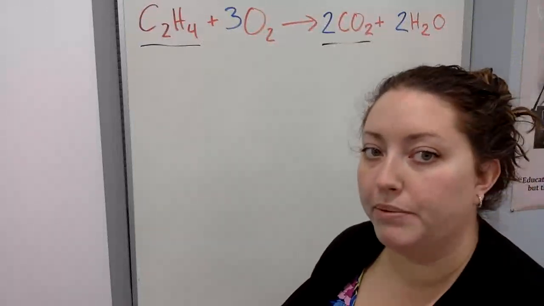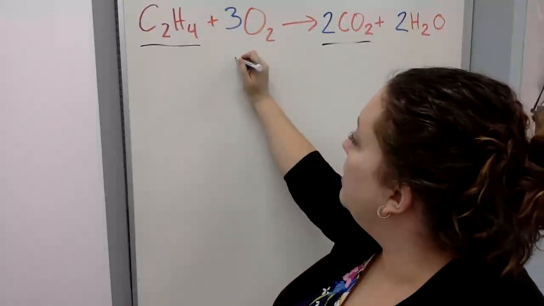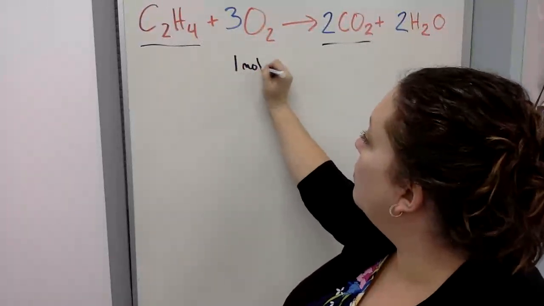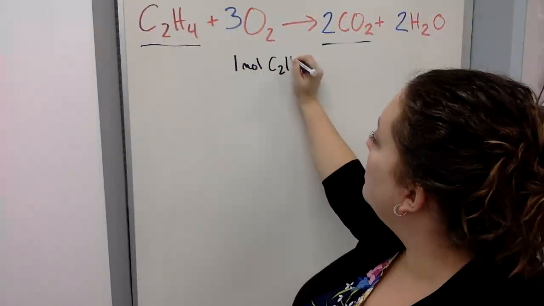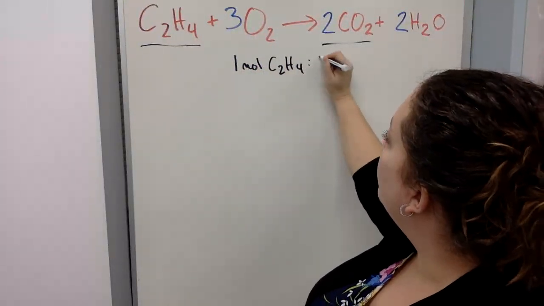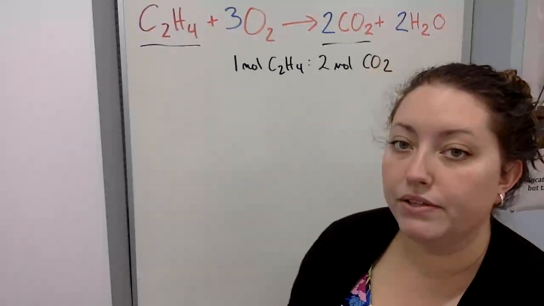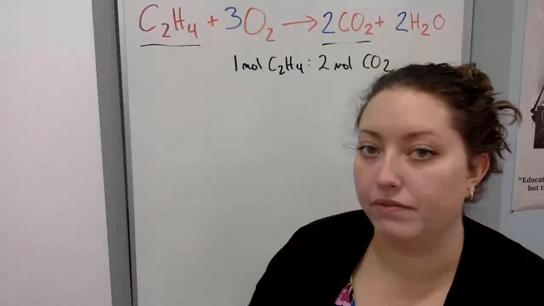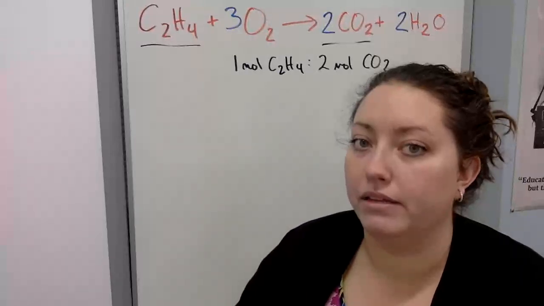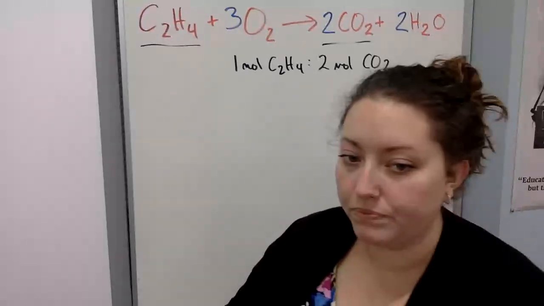The mole ratio between those two is going to be 1 mole of ethylene to every 2 moles of CO2. So that's our ratio, and that's what we can use to convert from ethylene to carbon dioxide in the problem.